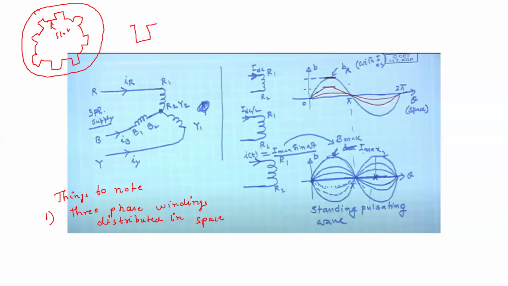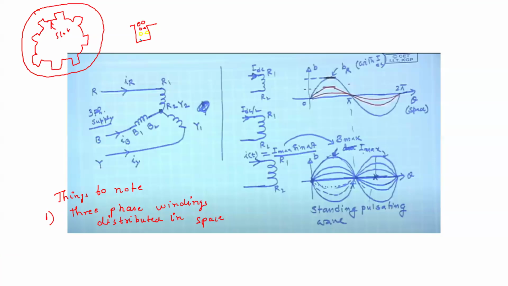Now in this stator slot, we have three sets of windings. One for R phase, so you have some number of slots. It can be multiple slots, a multi-coil, multi-layer winding. Then you have Y phase, and then let us say you have B phase.